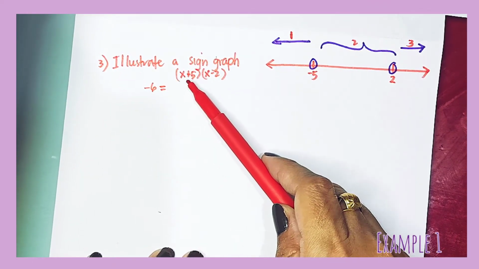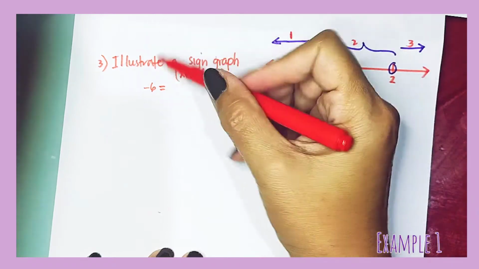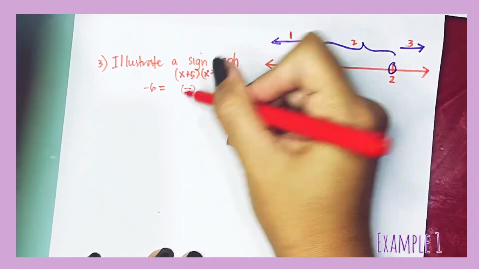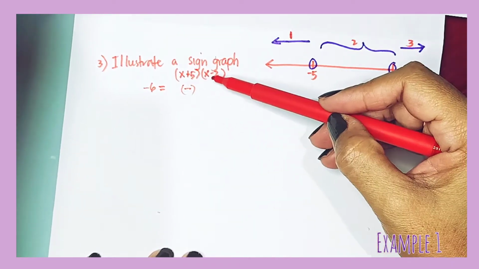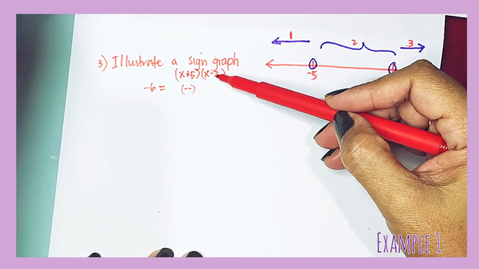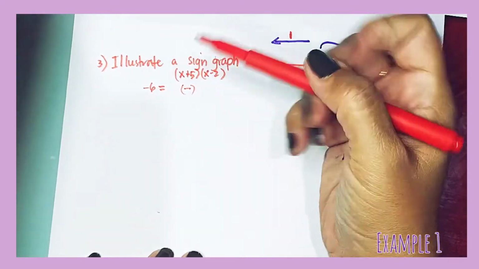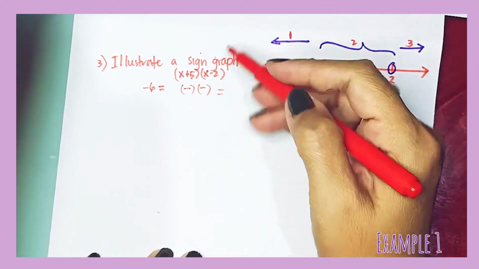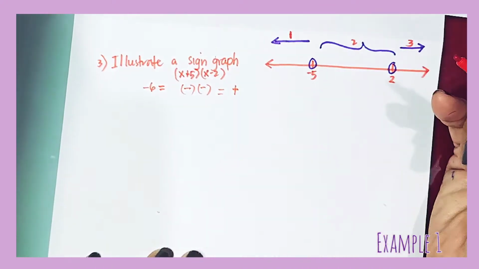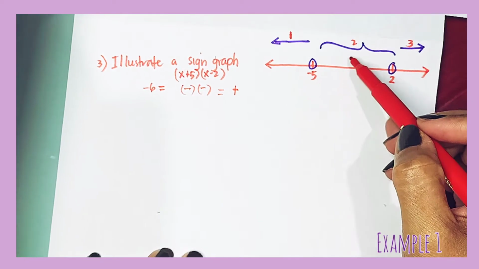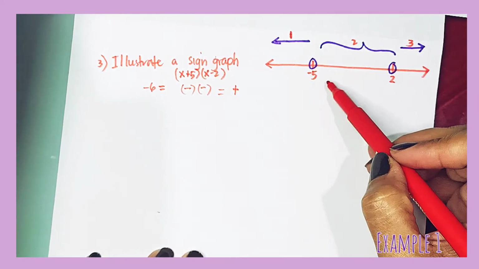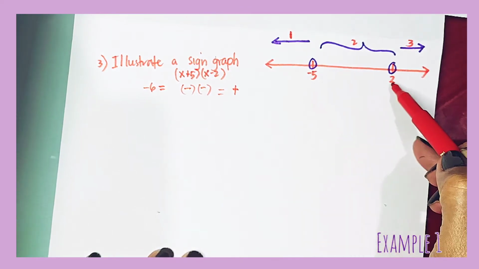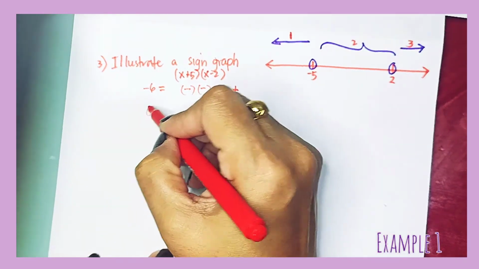Negative 6 plus 5 is a negative number. Times negative 6 minus 2 is negative 8, so that is also negative. And when you multiply, negative times negative is positive. Okay? For area number 2, numbers in between negative 5 and 2, let's choose 0.